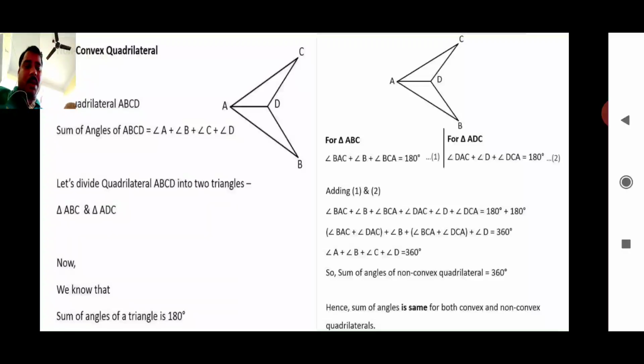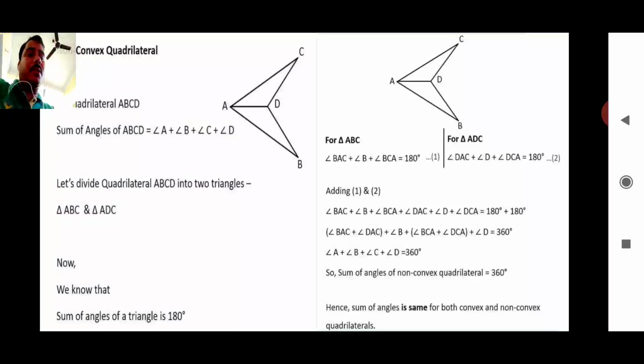Now we know that the sum of angles of a triangle is 180. Here for triangle ABD, angle BAD plus angle B plus angle BDA, and for ADC, angle DAC plus angle D plus angle DCA equals 180. Adding first and second, you get angle A plus B plus C plus D equal to 360.